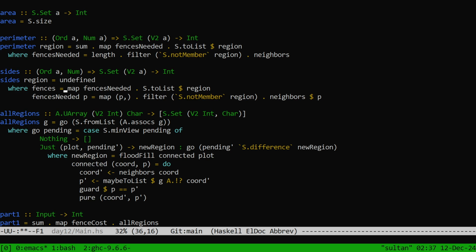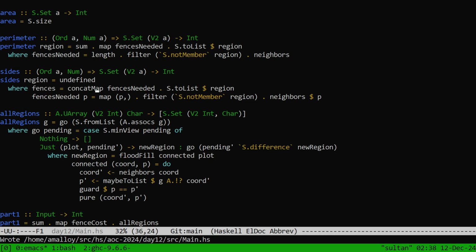So fences is a list of pairs. Actually, I want to do... Can I concatMap fences needed?